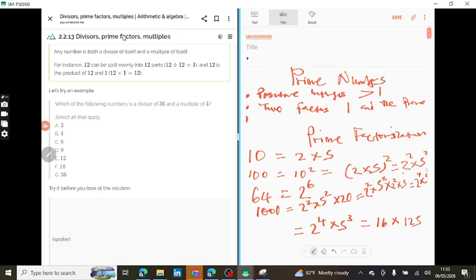So that is based on what you already have now, depending on what you have built, so where you are already: 2 raised to the power 4 times 5 raised to the power 3.